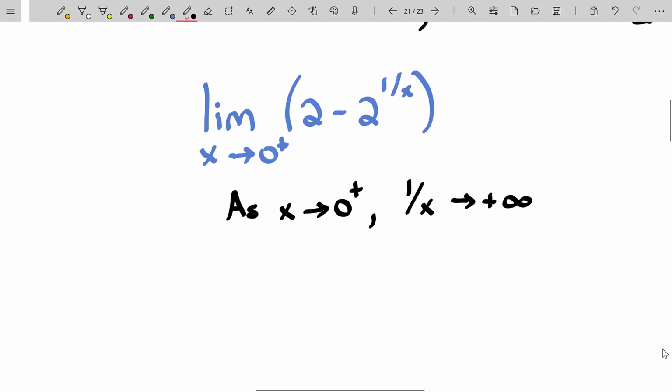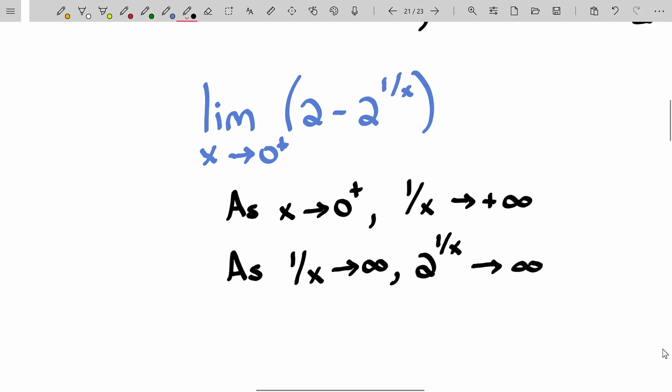Now that I'm done figuring out what 1 over x is approaching, let's figure out what 2 to the 1 over x is approaching. As 1 over x approaches infinity, 2 to that power, well, 2 to the infinite power is 2 to a massive power. Well, that should be obvious to you, that will approach infinity. 2 to a massive number, that's a massive value. Well, now that we know where 2 to the 1 over x is tending, let's look at 2 minus that.